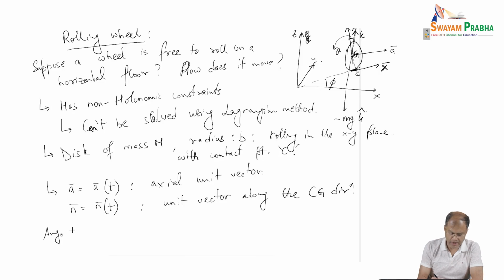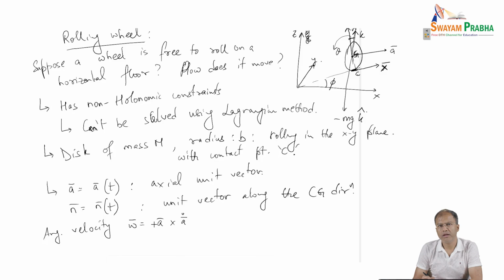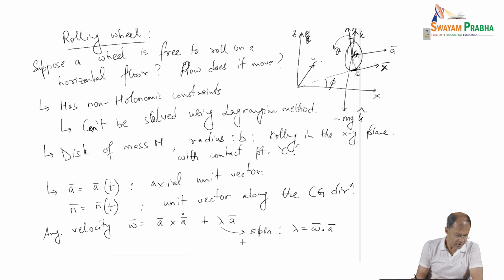Okay, so then let us say that the angular velocity omega is A cross A dot. This is what we had found earlier when we were looking at the motion of a top, and we found that the angular velocity omega is A cross A dot plus lambda times A, where lambda is the spin, where lambda is omega dot with A. So this is the spin, right?